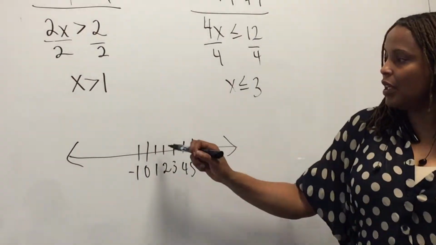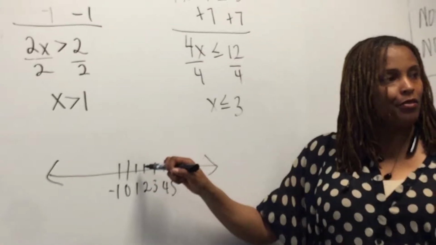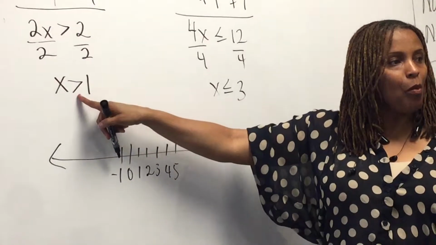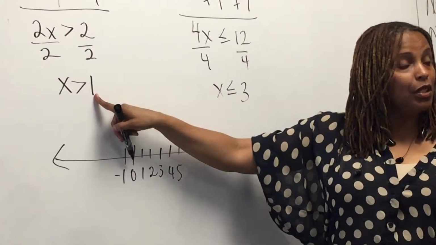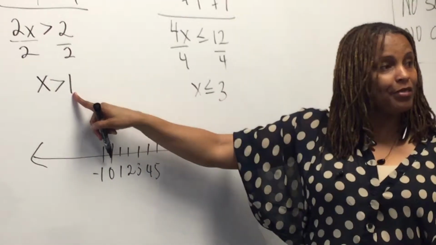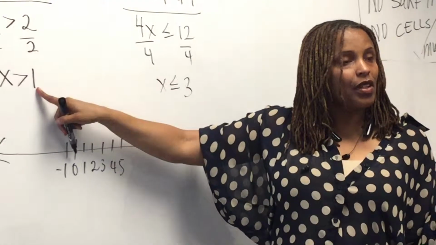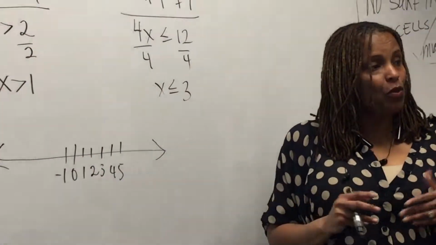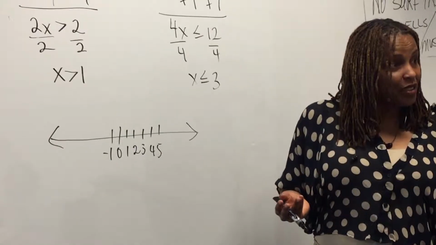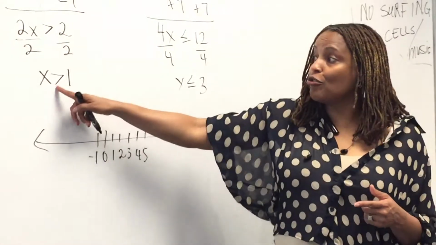X greater than 1, you start at 1. Am I including 1? This says what? Do I include 1? I'm asking. Okay, why? So 1 is greater than 1? So do I include 1? No. X is greater than 1.